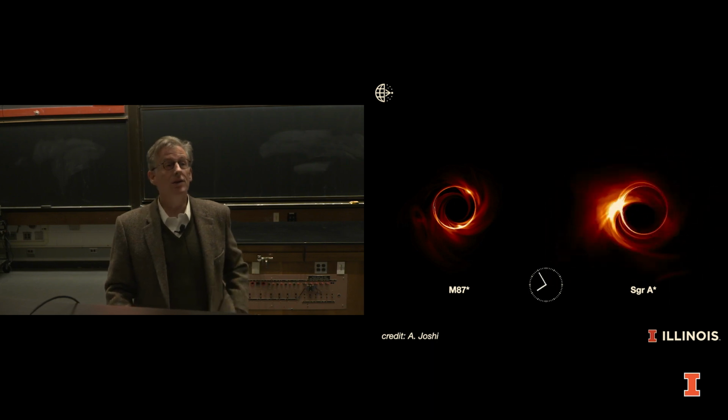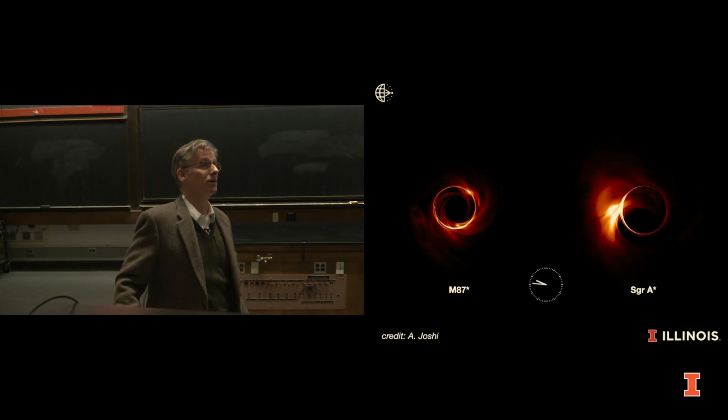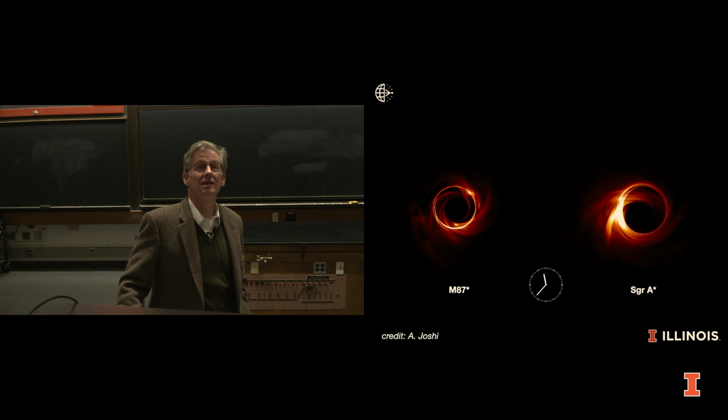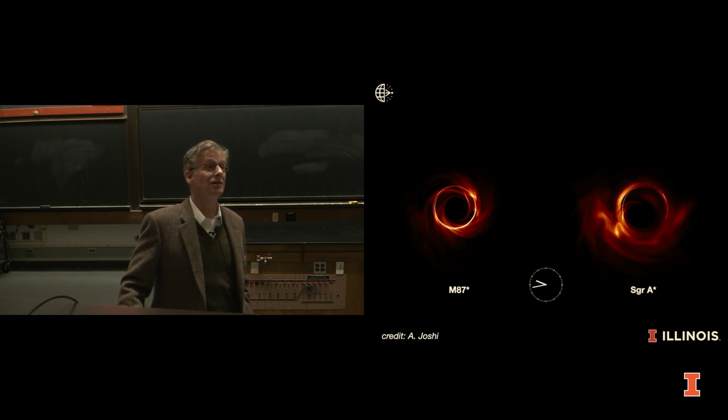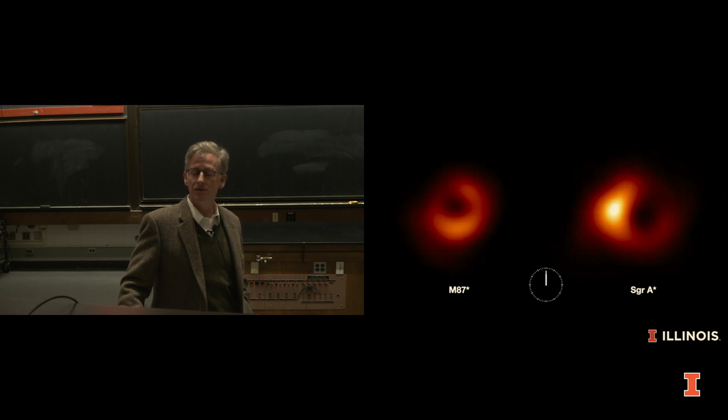So this is what comes out of our supercomputer simulations of this process. And this is the Illinois contribution to understanding what the Event Horizon Telescope sees. Unfortunately, this is not what is actually observed. What's actually observed is something more like this.